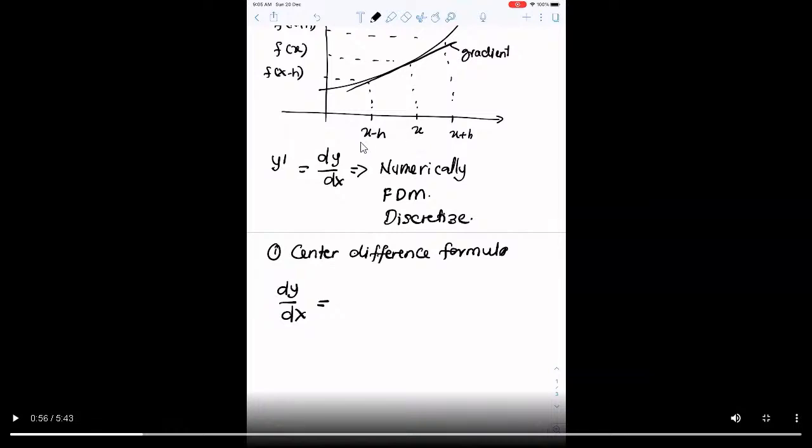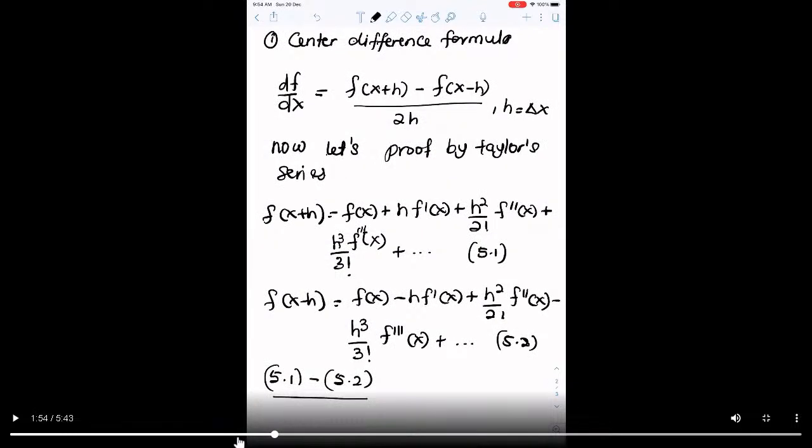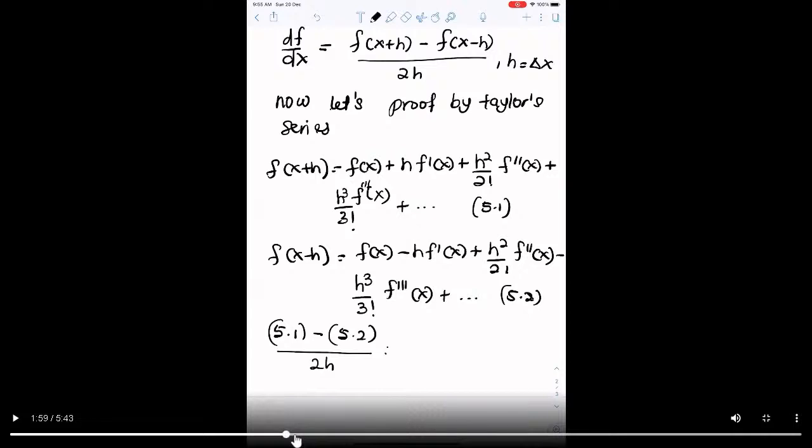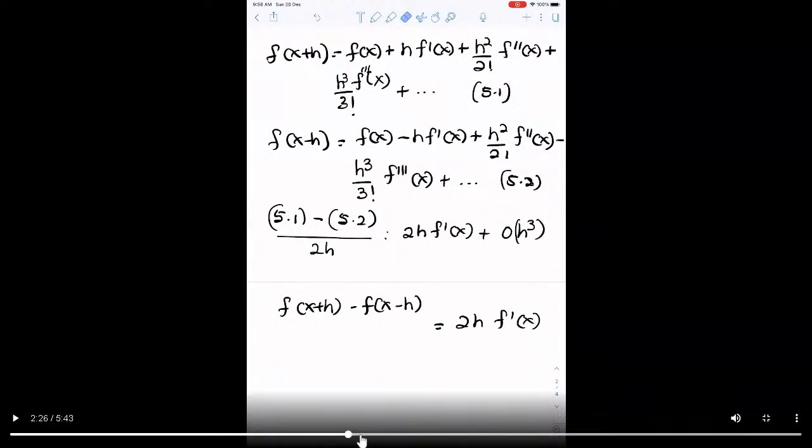If you want to calculate using the points x - h and x + h, we call this one a center difference formula. The center difference formula is created by subtraction between Taylor series 5.1 and 5.2. So now I answer this question.